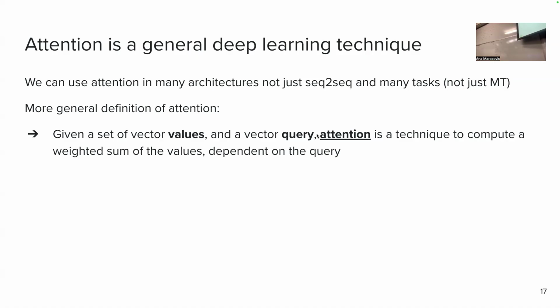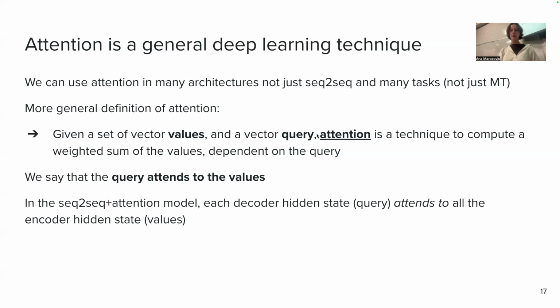How can you give weights to these values and combine them relative to their importance to the query vector? Or we can say that the query attends to the values, which was clearer in the visualizations, those arrows pointing from the decoder step to the hidden representations in the source.